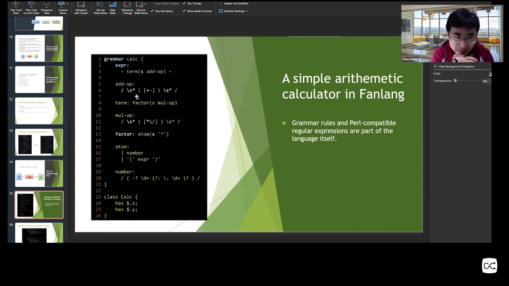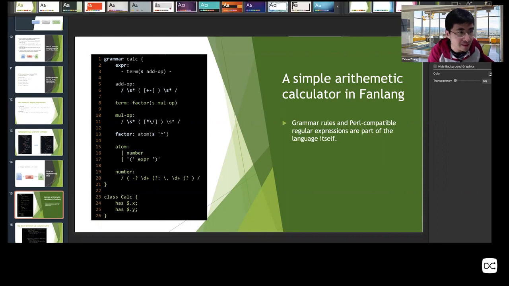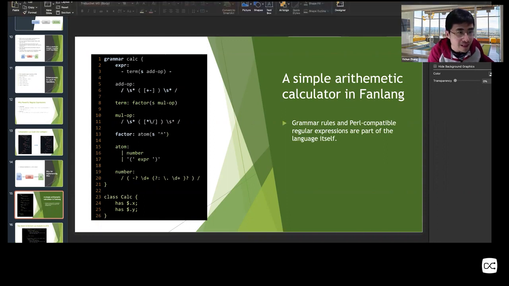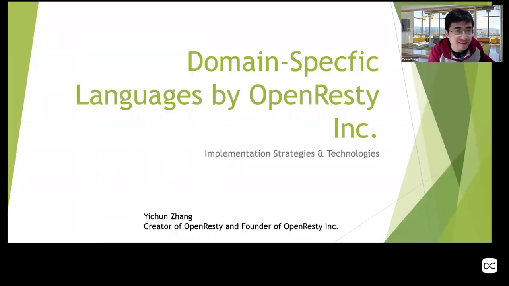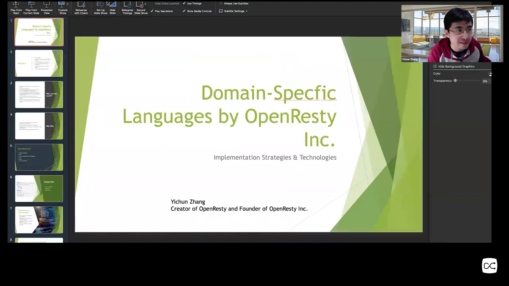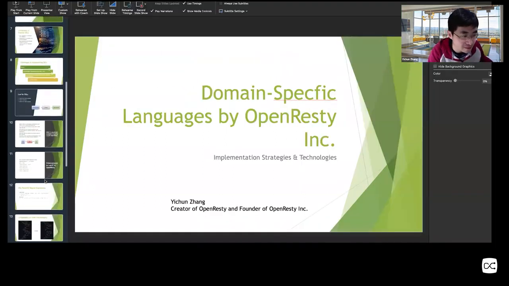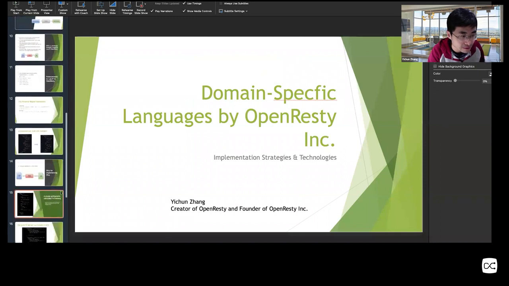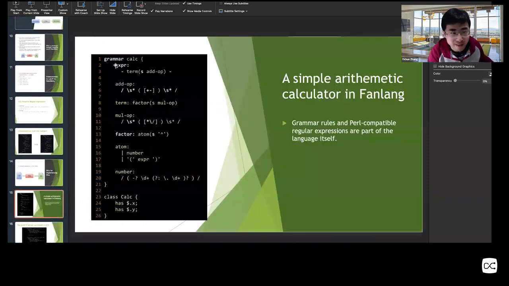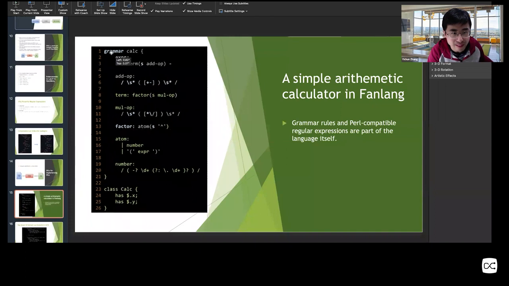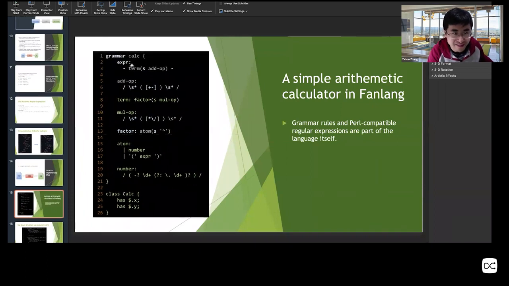We define expression, and, oops, let me play from start, that's wrong. Yeah, so the expression, I cannot select anyway, it's a picture. Okay, so expression is the term rule.